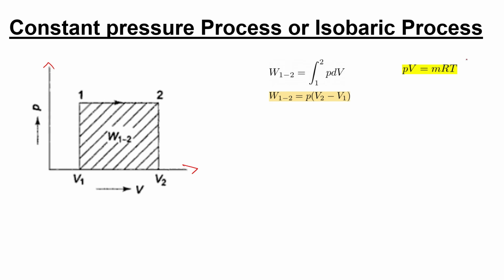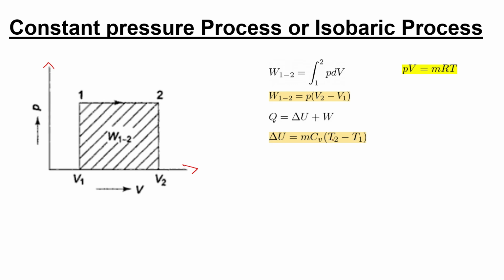And we assume this gas to be ideal. So you can use the ideal gas equation here, that is PV is equal to mRT. See, you know that Q is equal to delta U plus W. That means when you supply heat, part of it will be used to raise the internal energy and part of it will be used to do work.